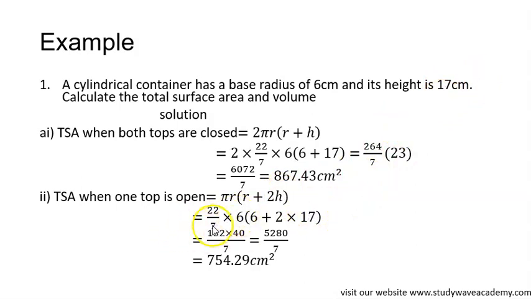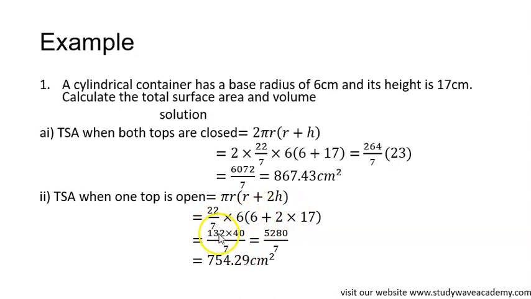So 22 times 6 is going to give you 132 times 40. How did we get this 40? 6 plus 2 times 17. When you do this, you are going to have 40. So 22 times 6 is 132, and this bracket gives you 40, so times 40 over 7. Don't forget the 7.